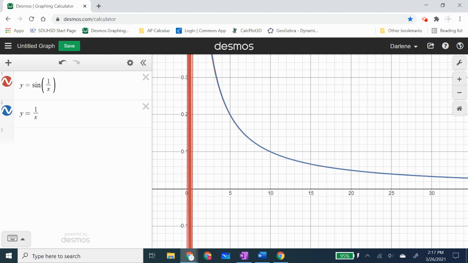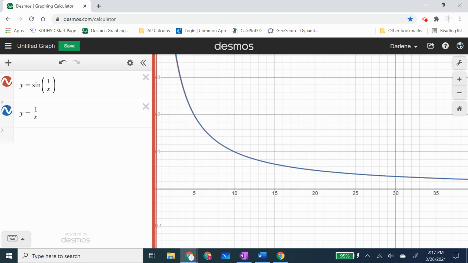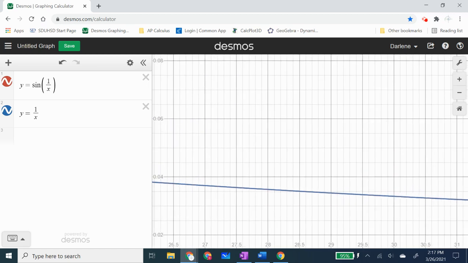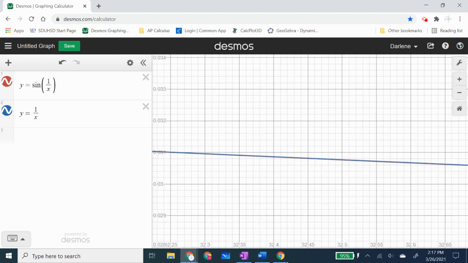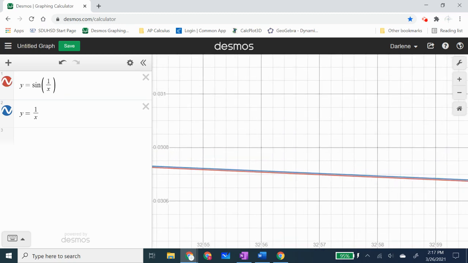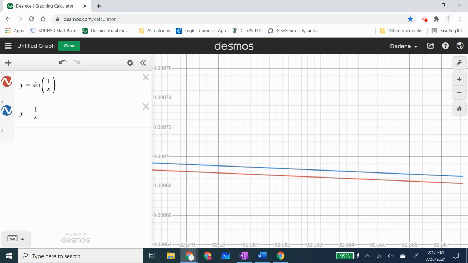And just realize that they are extremely close. But if I really zoom in, I'm going to find out that the sine of 1 over x is actually smaller. The direct comparison test will not work.